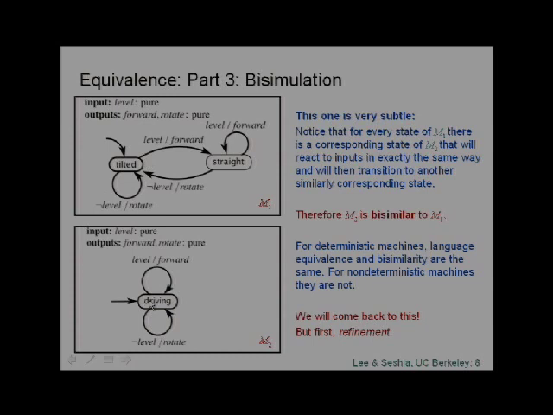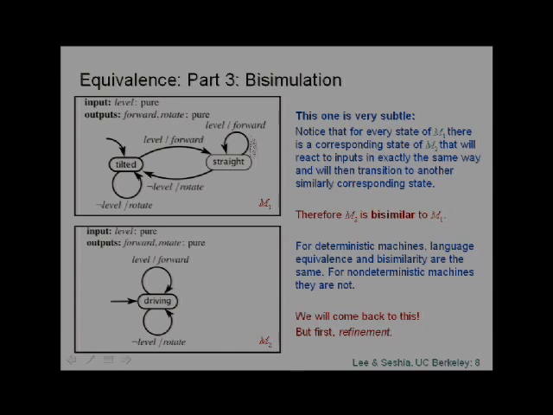So if I go from tilted to straight, then here I would go from driving back to driving, and then any further transition I take will behave the same way. So now if I'm in the straight state up in M1 and I'm in the driving state in M2, and if level is present, again the output will be forward, and here also the output will be forward. Okay, so it's as if these two machines are going in lockstep, right?